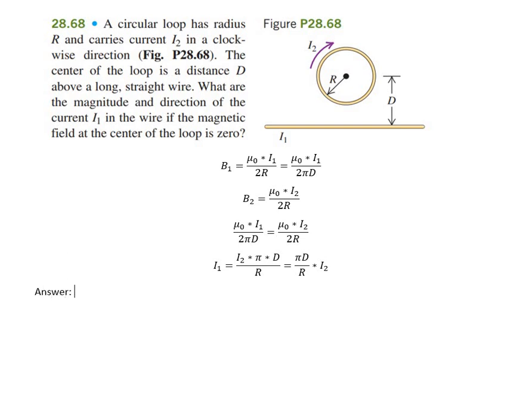So the answer for this problem is the magnitude that we find, current I1 equals pi times d over r multiplied by I2, and the direction of the current I1 points to the right side.